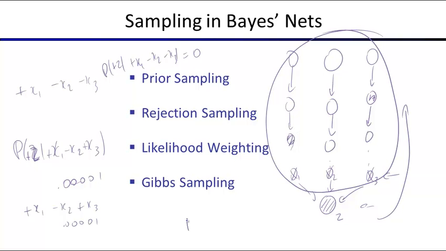Really p plus z given x1, x2, x3 could be 0 always, except equal to 1 if minus x1 minus x2 minus x3.